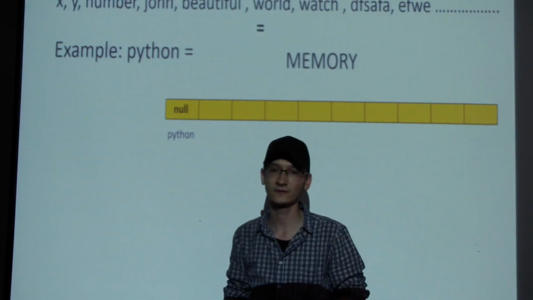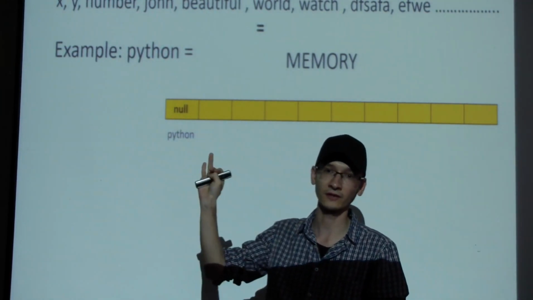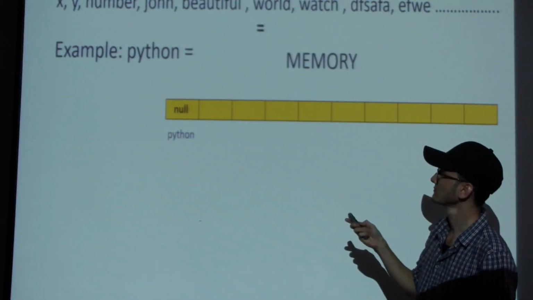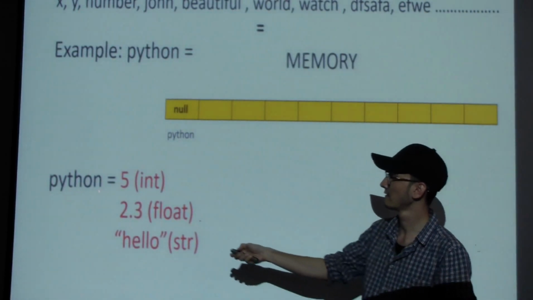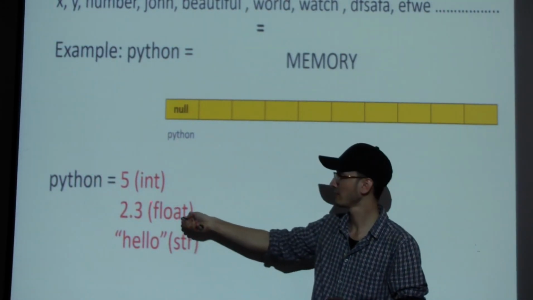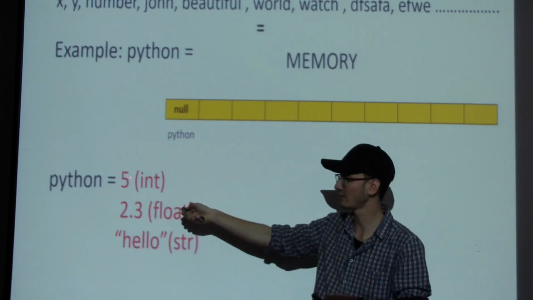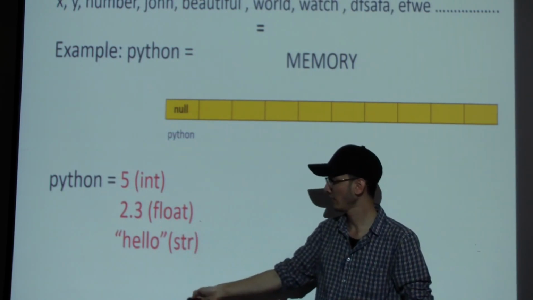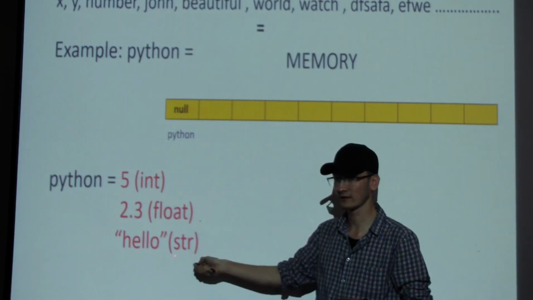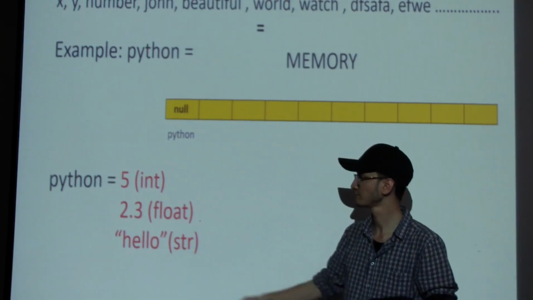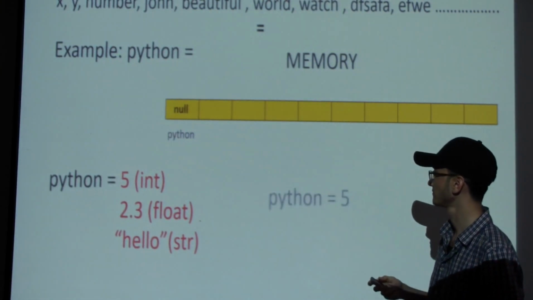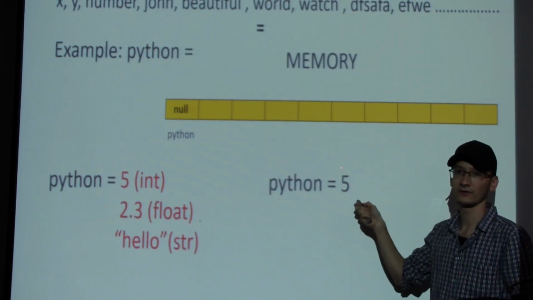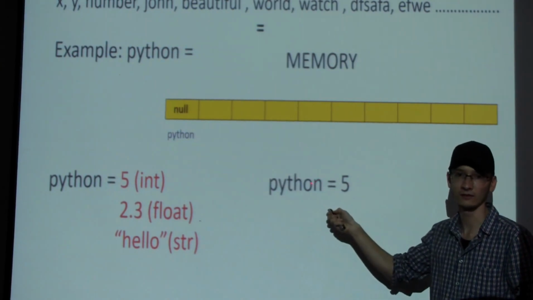Values can be the data types: integer, float, or string, the previous ones. Now we can give a value: an integer number, 5 and other numbers, or a float number, 2.3, this is an example, as well as a string, hello. For instance, we gave the number 5 to our variable.